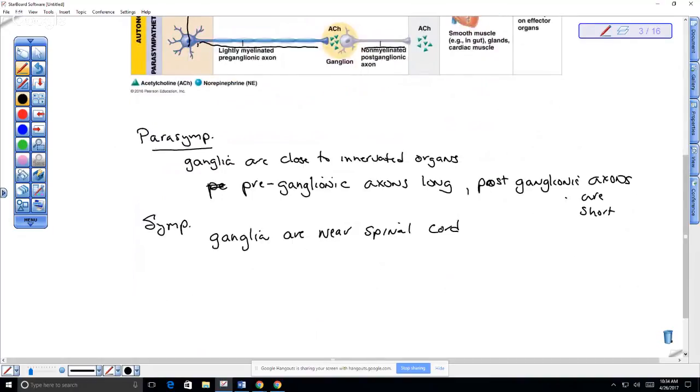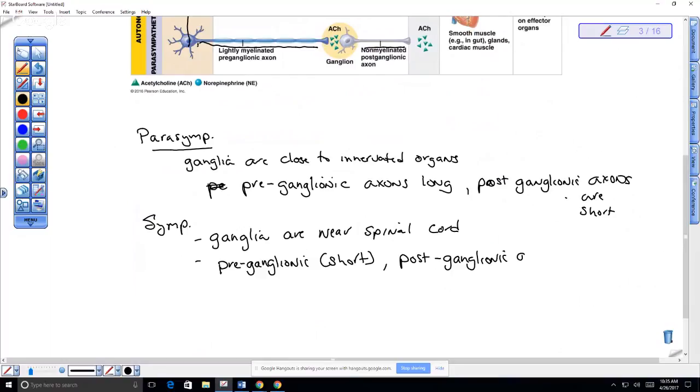And then they go out to the organs that they innervate. So I'll just say that the preganglionic are short, postganglionic long.